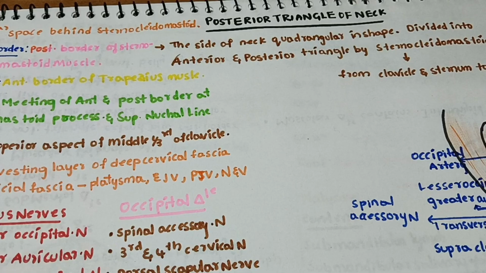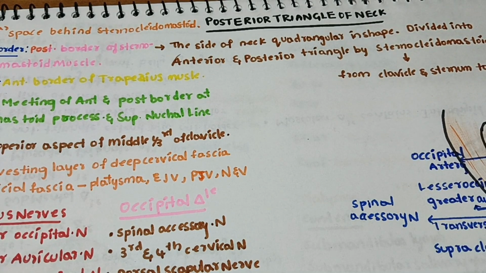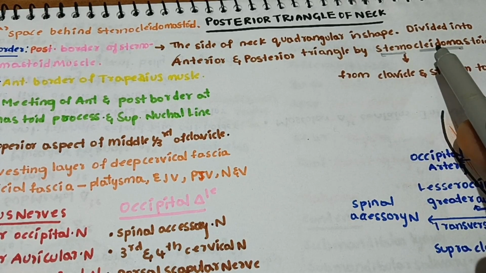Yes, the side of the neck is quadrangular. This quadrangular neck is divided into anterior and posterior triangles by the sternocleidomastoid. The sternocleidomastoid extends from the sternum and clavicle. Cleido means clavicle, right?